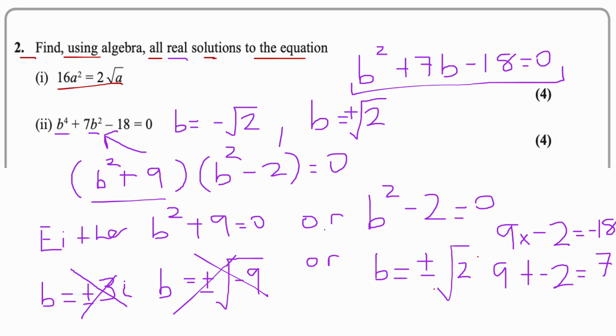For real solutions, the discriminant has to be greater than or equal to 0 for me to have real solutions. I can't solve the first one for part II, but I can solve this quadratic, because plus root 2 and minus root 2 are real numbers, what I call real solutions.